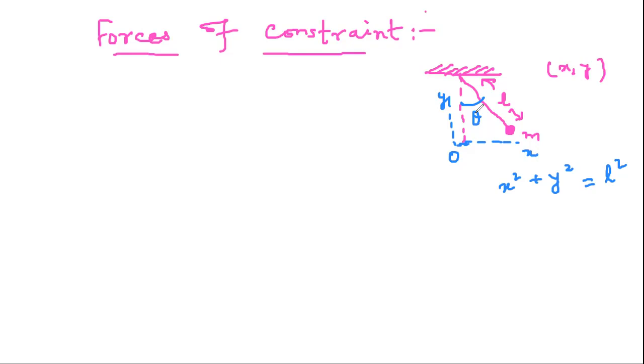They simply reduce the number of independent variables by the number of constraints. For example, if the total number of variables is n and I have one holonomic constraint, then my independent variables in the system will be n minus 1. But in certain situations, the constraints are in the form of inequalities. Those constraints are called non-holonomic.